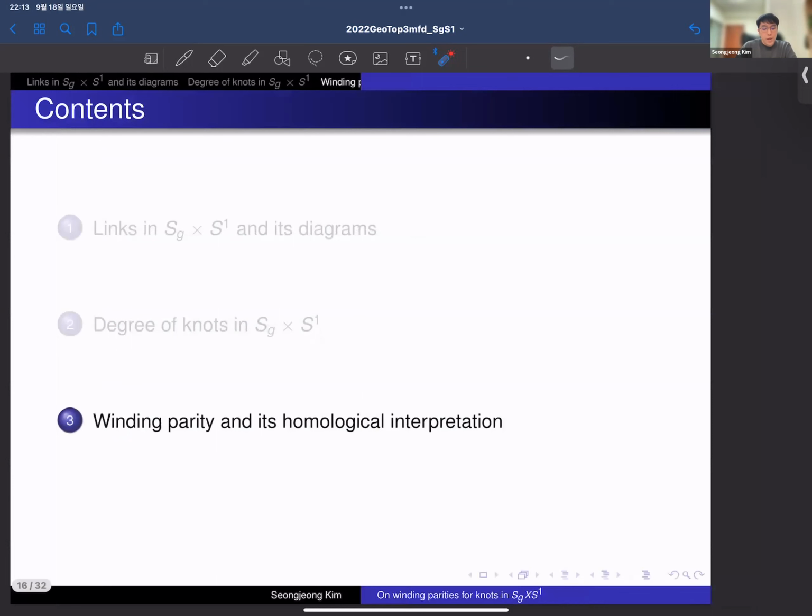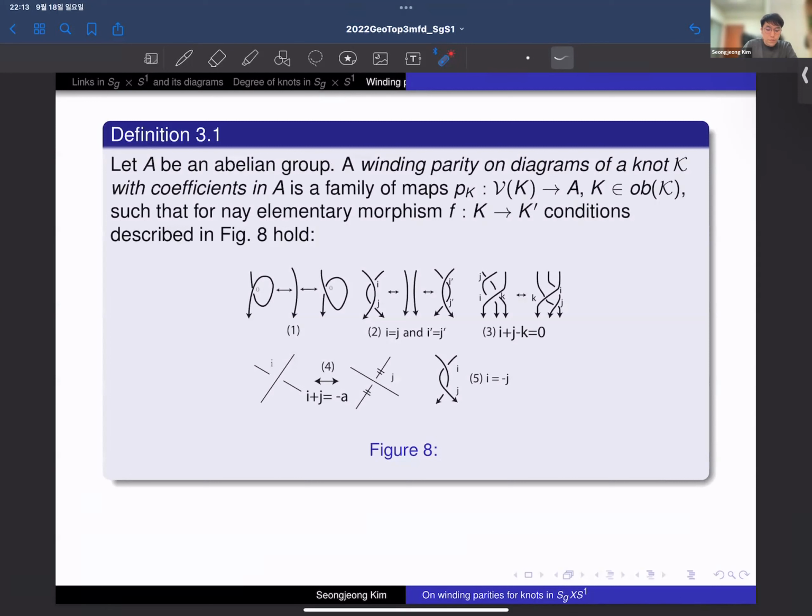For an abelian group A, a winding parity of degree d on a diagram is, roughly speaking, a way to give each crossing a value in A satisfying those conditions. Actually, the conditions for winding parities come from the properties of labels of crossings defined in the previous section.